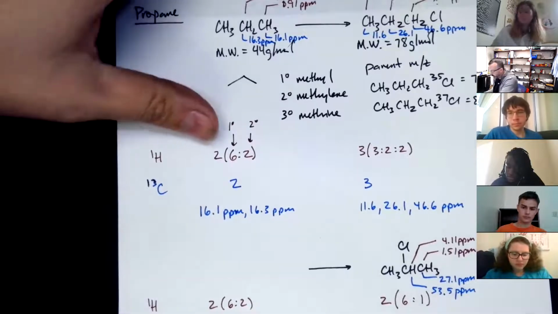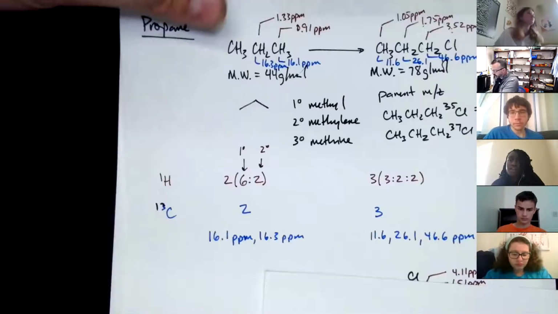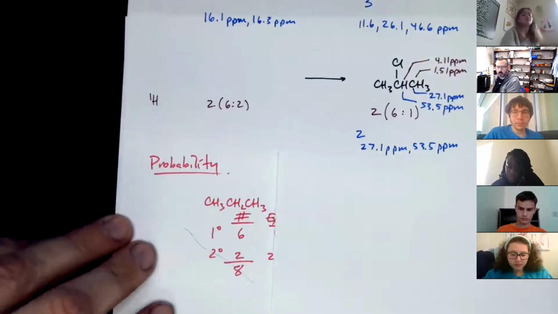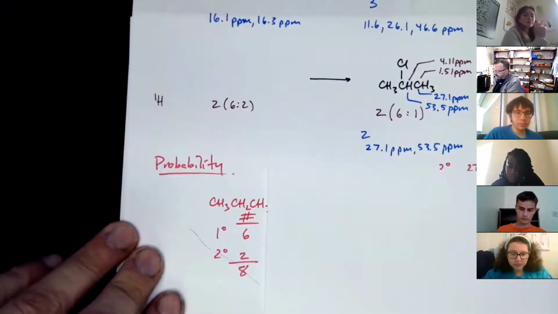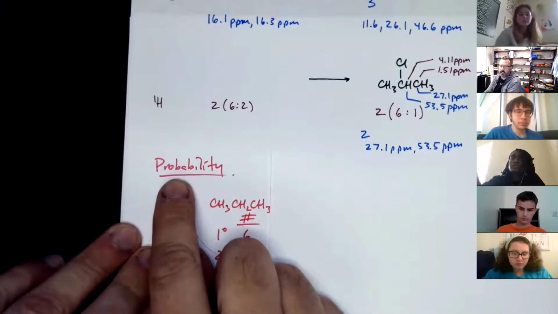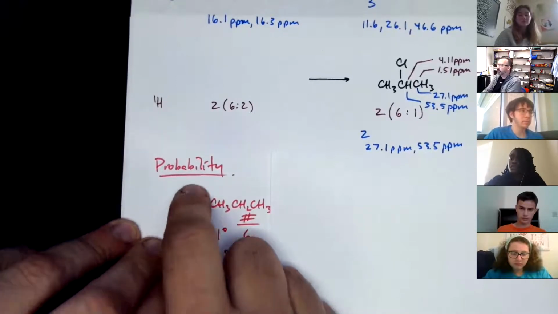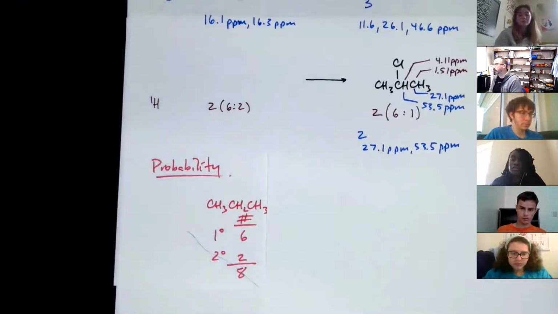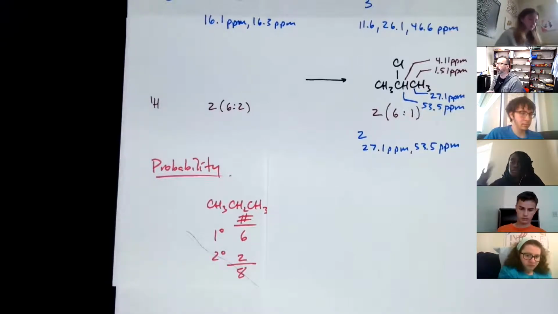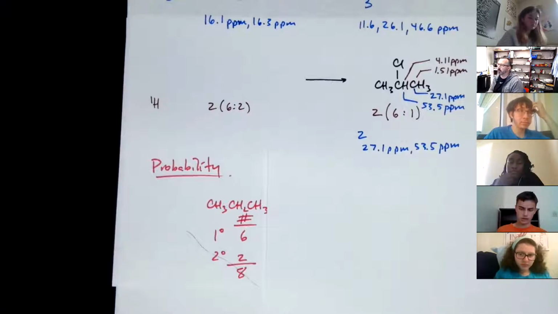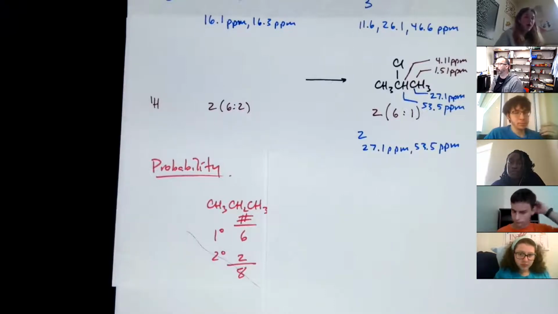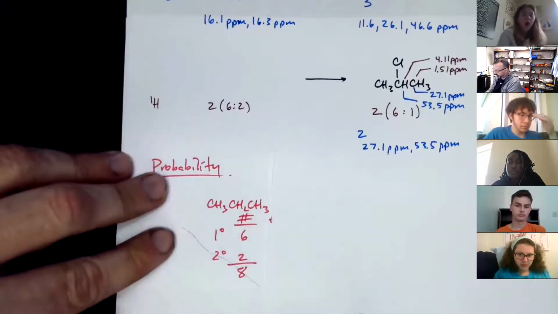So this is what we're doing right now. We're talking about the probability. If we were to run this reaction taking propane and making monochlorinated propane isomers, what is the probability of the product distribution?